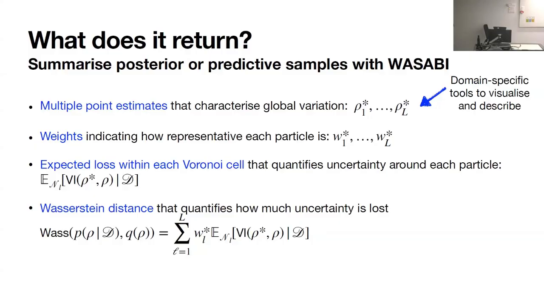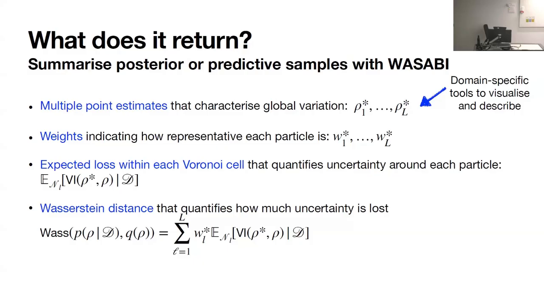Okay, so in the end, what do we get out? We get multiple point estimates, and again, we can use domain-specific tools to visualize each of these individually. We also get the weights out. The weights tell us how representative each particle is of the posterior.